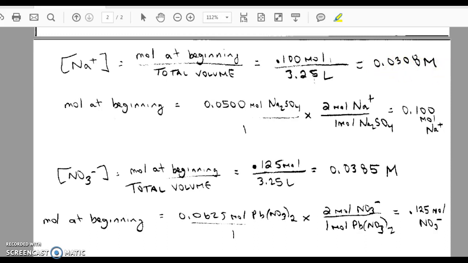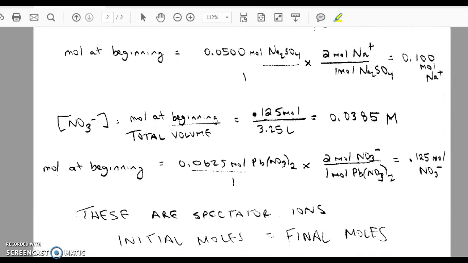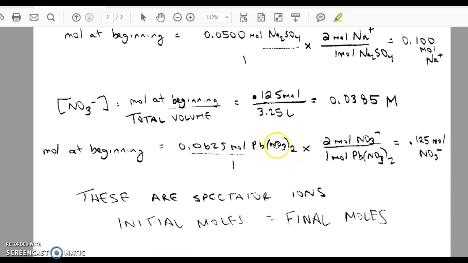I find the moles at the beginning by taking the moles of the compound in which it is found, the lead nitrate, multiplying by the subscript, 2 moles of nitrate for every 1 mole of lead nitrate, to get the moles of nitrate that are in that beaker, and then divide that by the new solution volume, the 3.25 liters, to get its molarity.